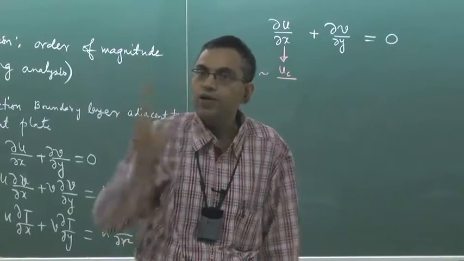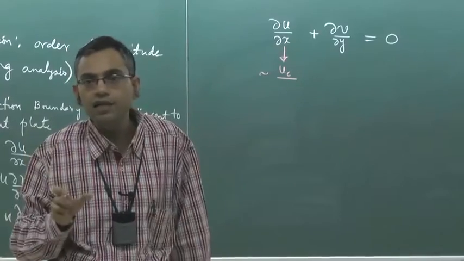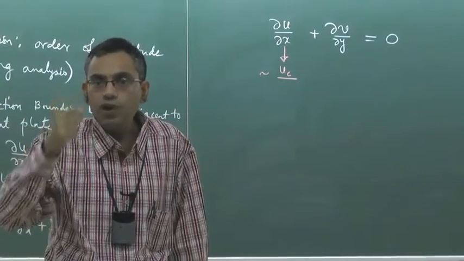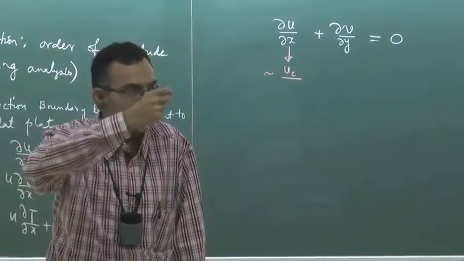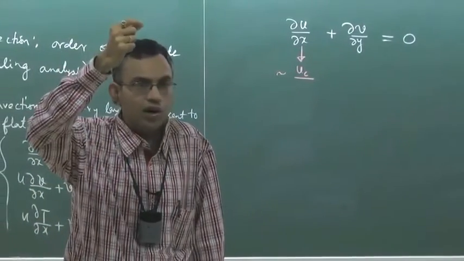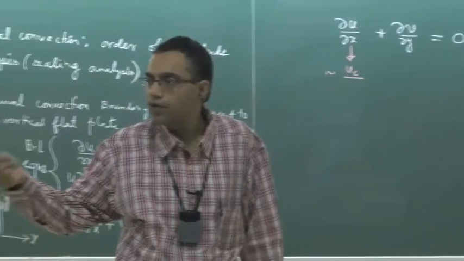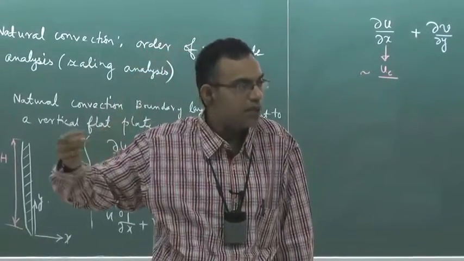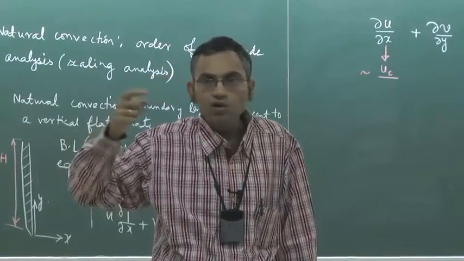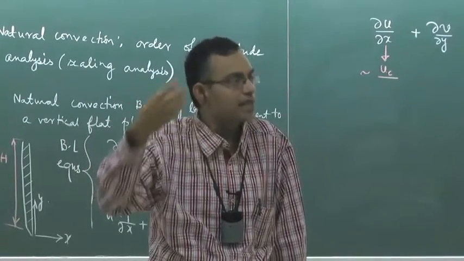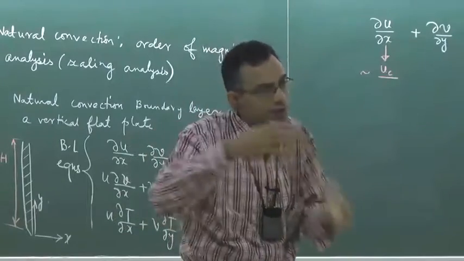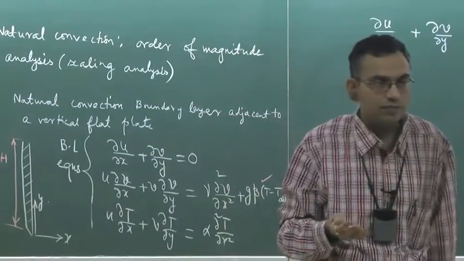That does not mean that the hydrodynamic boundary layer and thermal boundary layer thickness are the same, because the fluid also has its inertia. So, when it attains its peak velocity, it does not suddenly come down to 0 just outside the thermal boundary layer. It takes a bit of a distance to come down to 0, because the fluid has its inertia. So, even when the heating or cooling effect is stopped, still there is some motion.